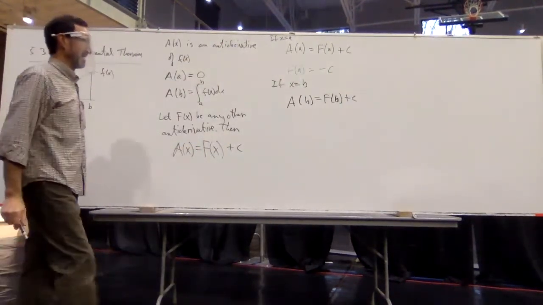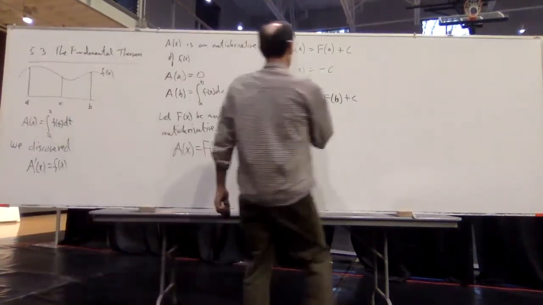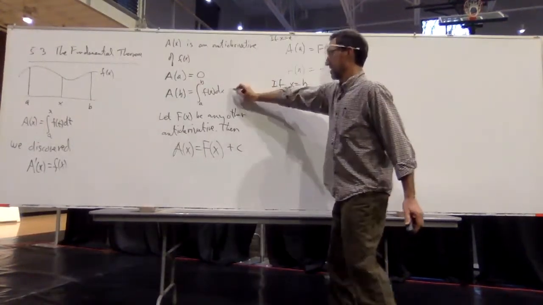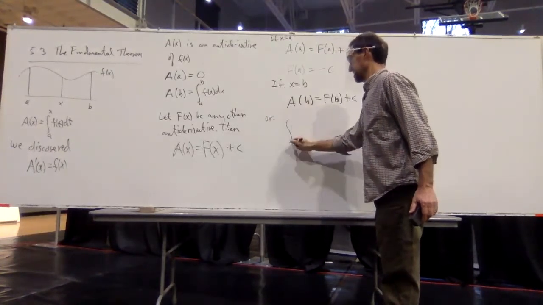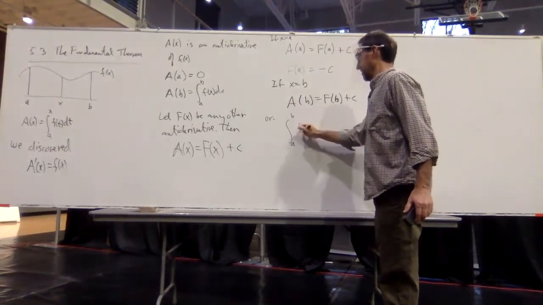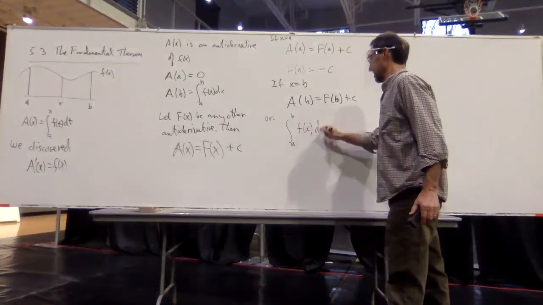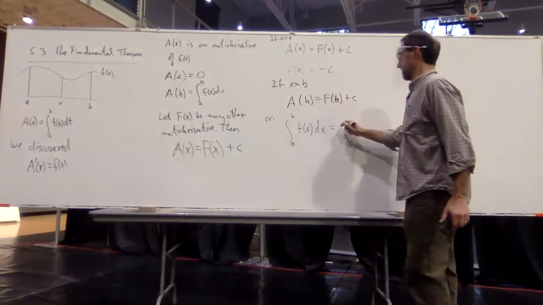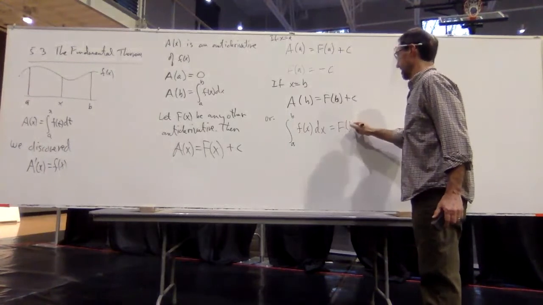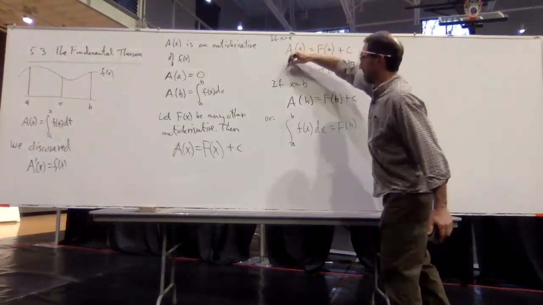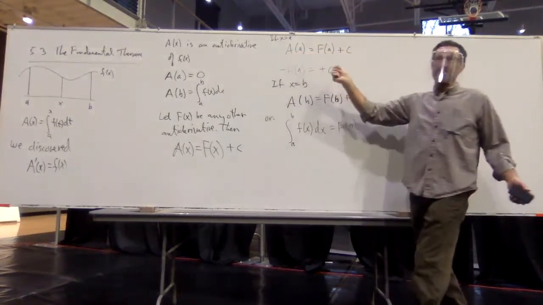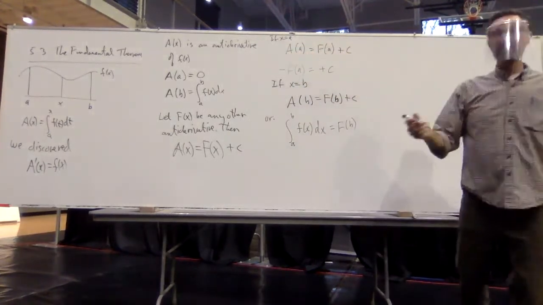That's what I get. And we know that big A of b is the integral. So another way of saying that is the integral from a to b of f of x dx equals big F of b plus C. But remember, C is the opposite of big F of a.